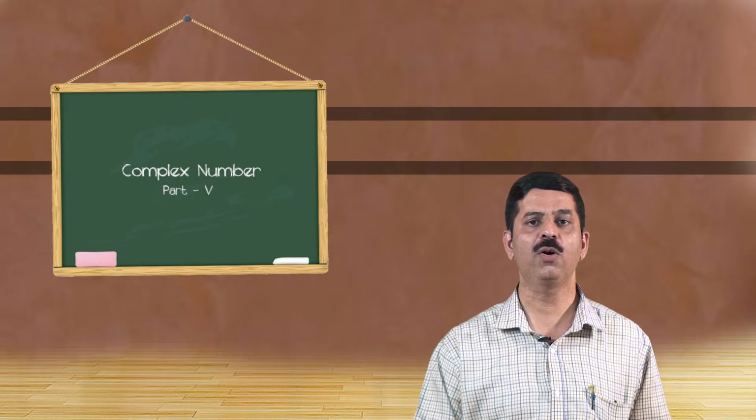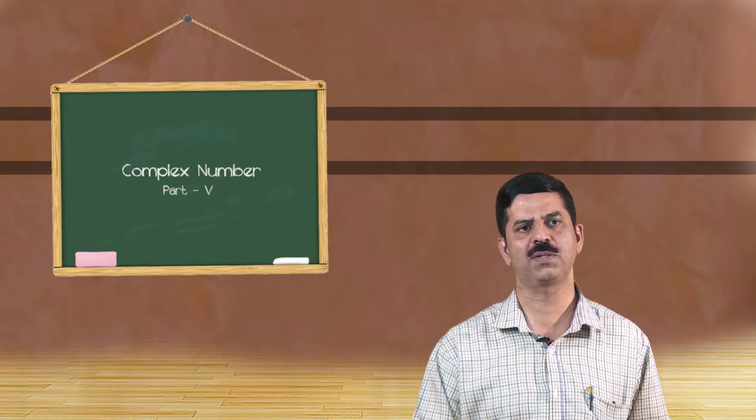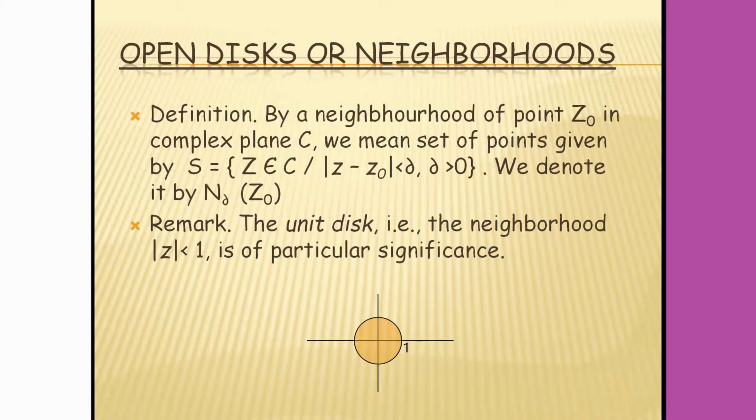Neighborhood of a point, where point means complex number. By a neighborhood of a point Z0 in the complex plane C, we mean the set of all points Z such that mod Z minus Z0 is less than delta, where delta is a small positive quantity.